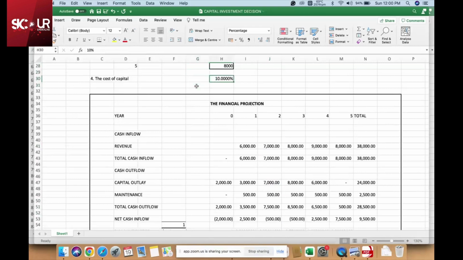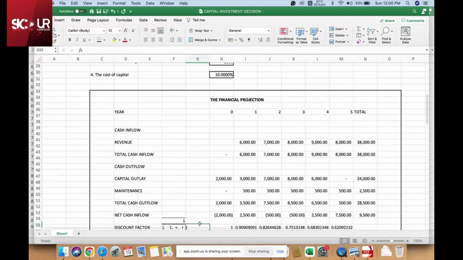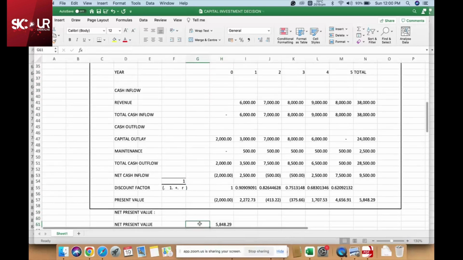Why we are doing this is because once we do this, we can alter the rate here and it will immediately be reflected in the calculation without us having to go through it again one by one. So that's the advantage. This is especially important later on when we want to calculate the IRR.